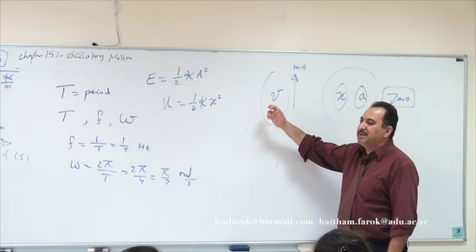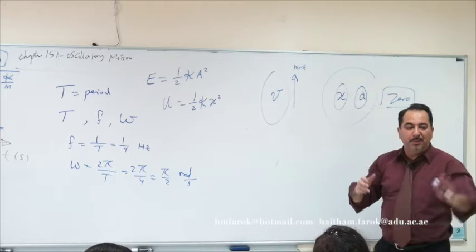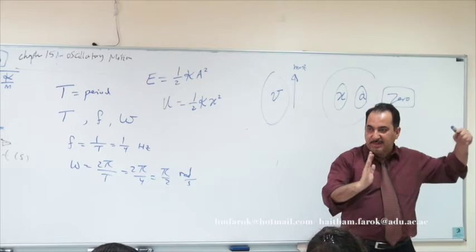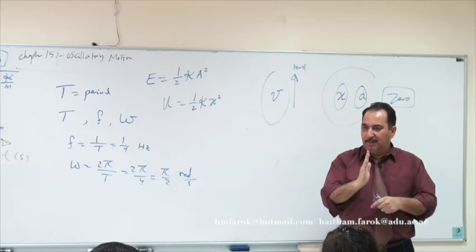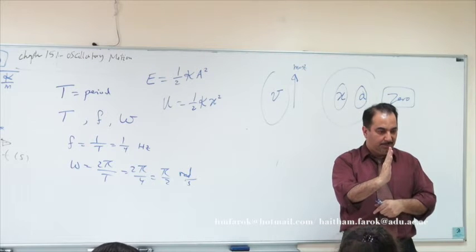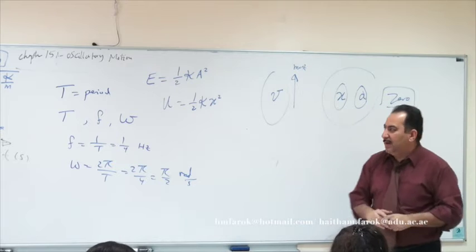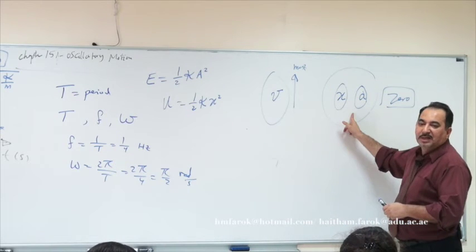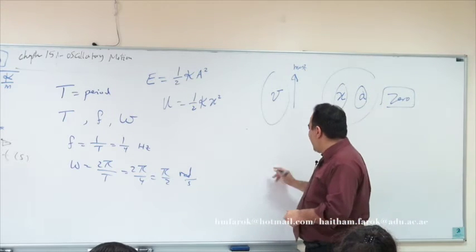So when the velocity is maximum, the position is? Remember, when something oscillates at 0 position, it has the highest velocity, yes? Like a pendulum. In the middle, how much is x in the middle? 0. But the velocity? Maximum. Okay? Acceleration as well, 0.